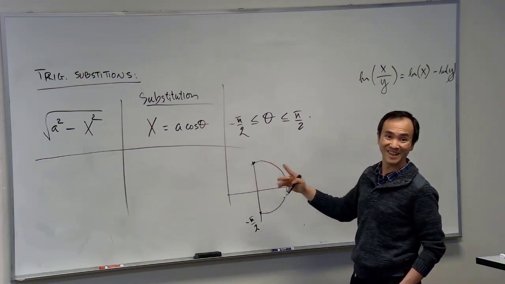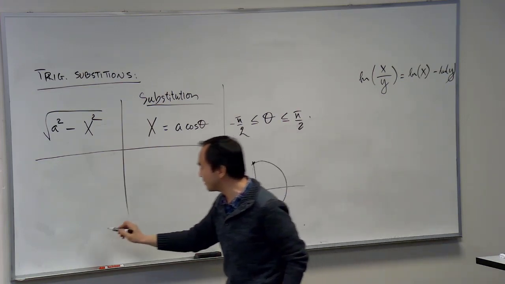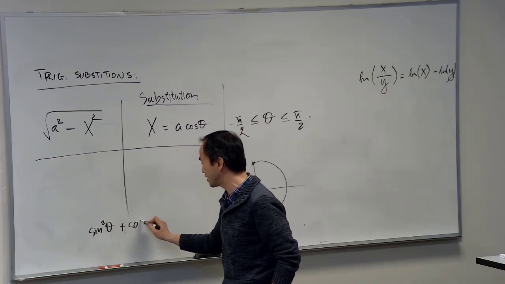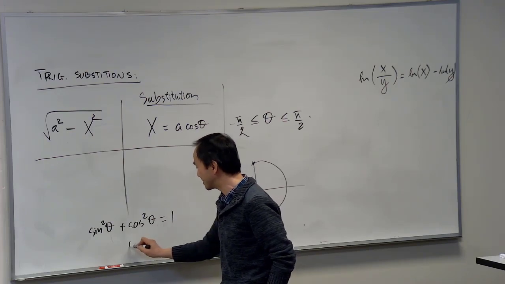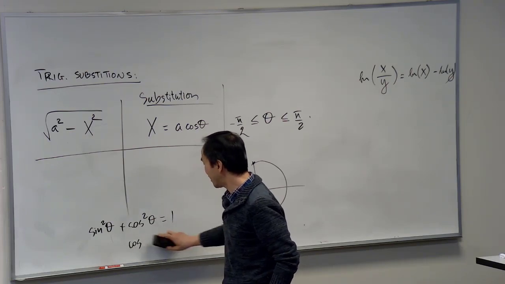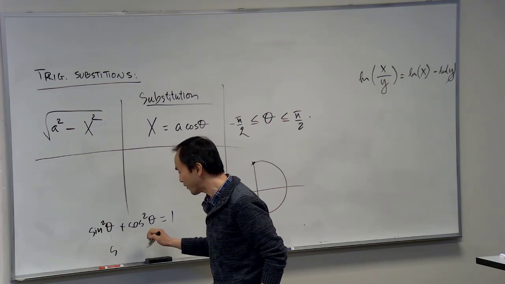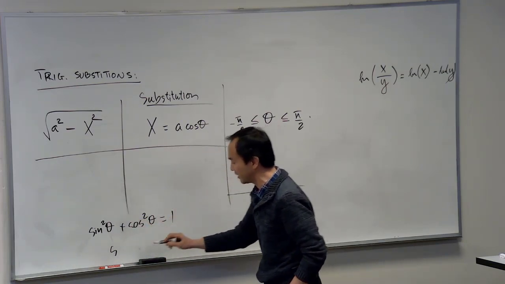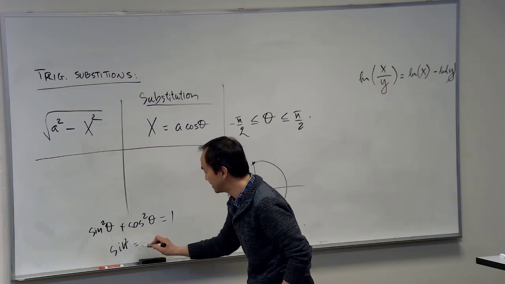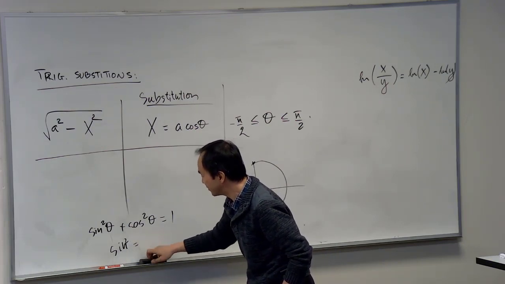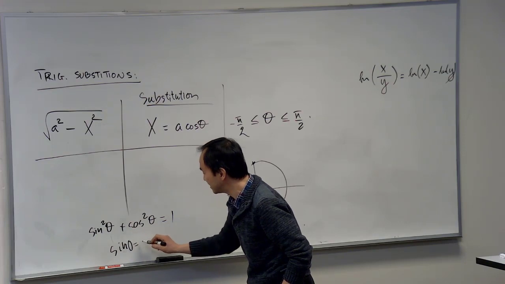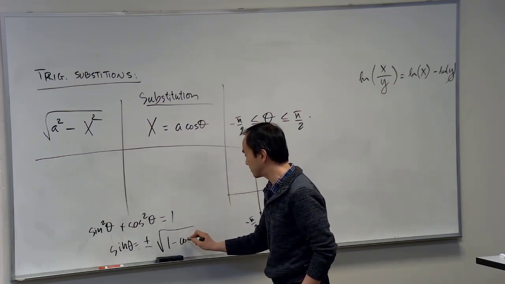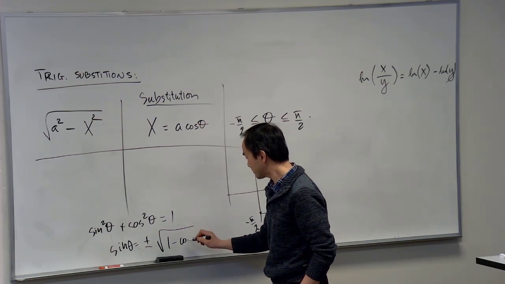Am I correct? And that's why back in those days when we were doing things with sine squared plus cosine squared theta equals 1, and sometimes I need to solve for sine squared or cosine squared, I need to ensure I take the positive one. So the sine of theta will be indeed plus or minus the square root of 1 minus cosine squared.